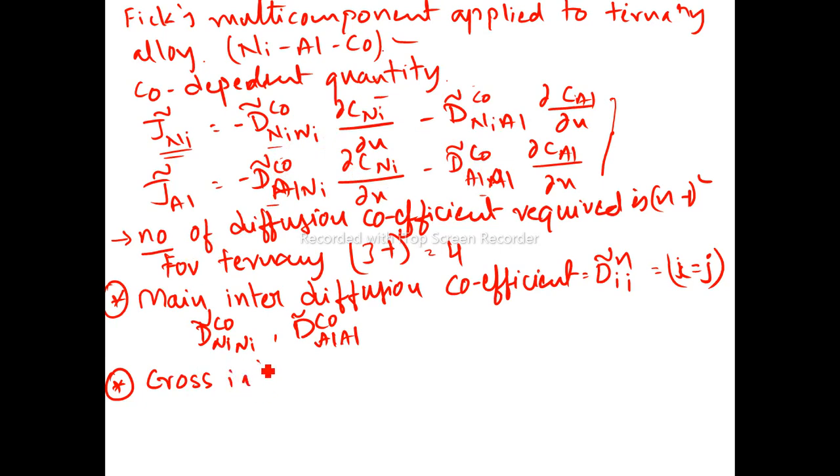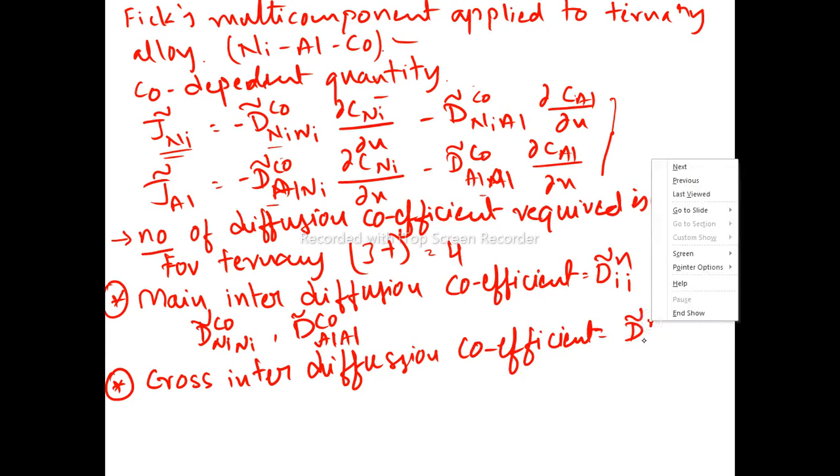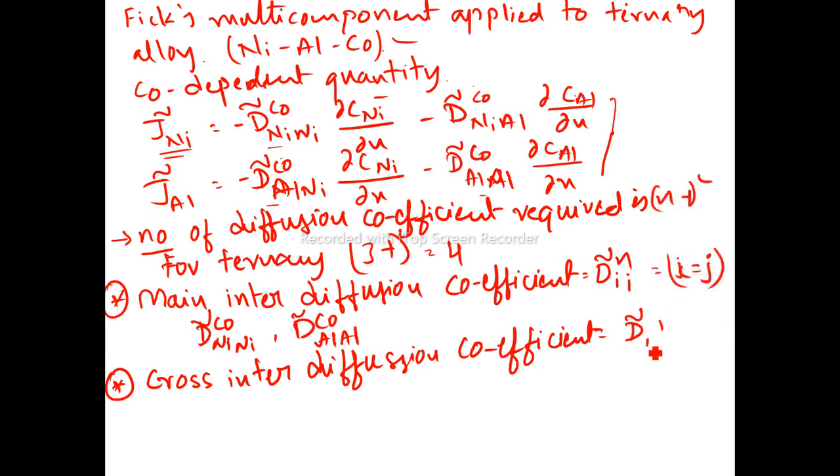Cross interdiffusion coefficient is given as D_ij, where i is not equal to j.